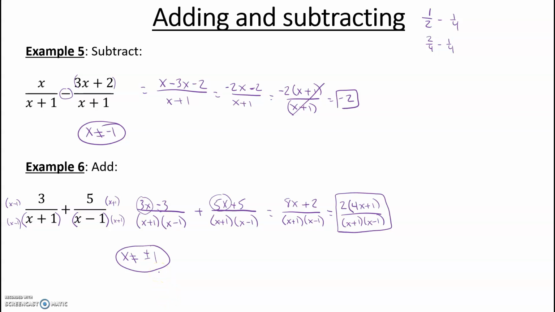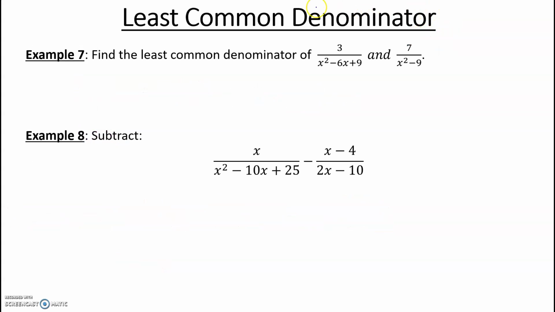All right, so again, adding and subtracting, make sure you have a common denominator. Now, you also want to use the least common denominator. Like if I had 1/2, let's say, plus 1/4.